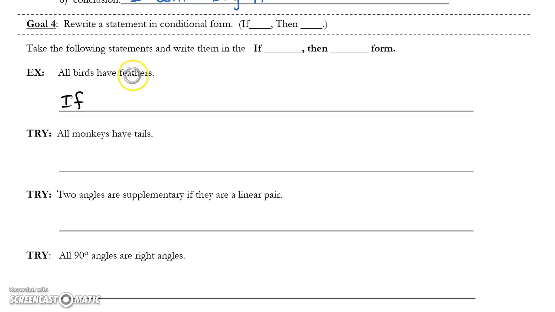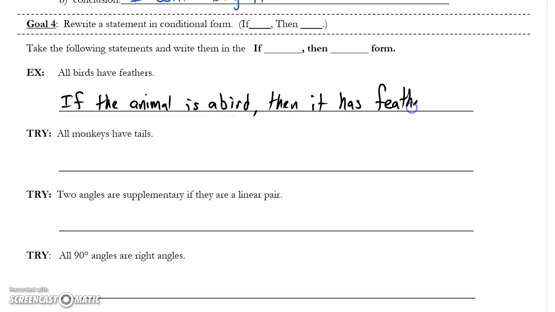If the animal is a bird, comma, then it has feathers. So we're saying that we have a bird, so we're dealing with an animal and it is a bird. Can we come up with an example of one that does not have feathers? If we can't come up with that example, this is true. If we can, it's false. Provide the name of that bird as my counterexample.